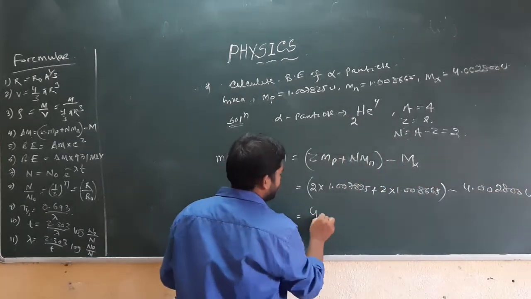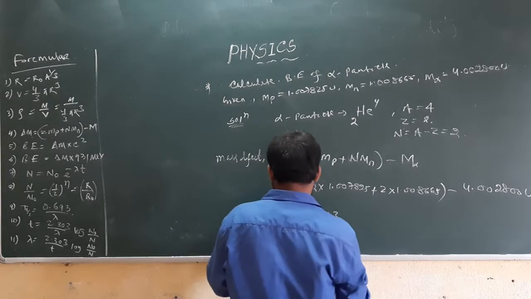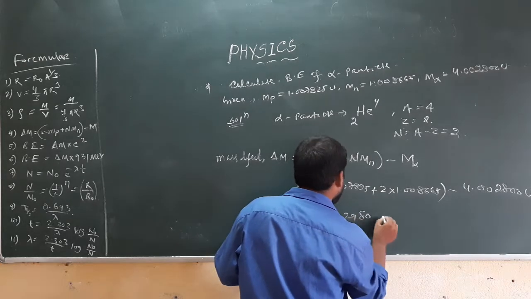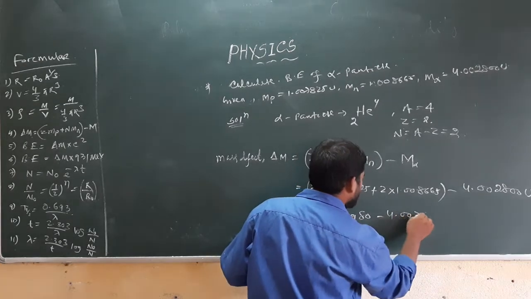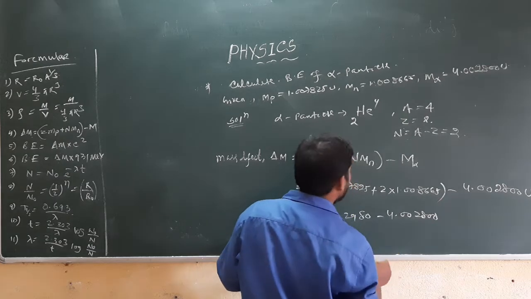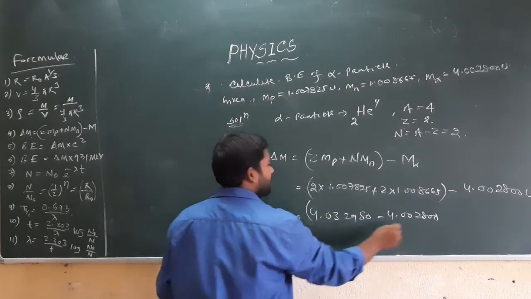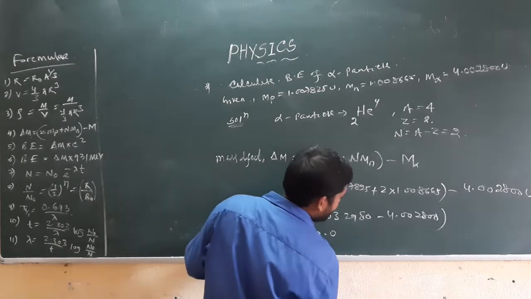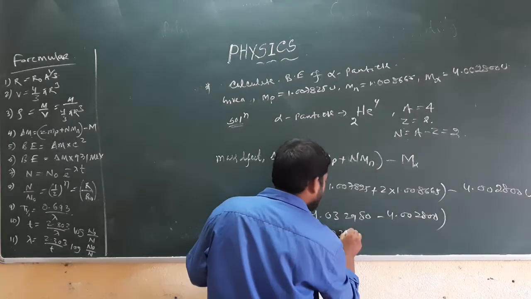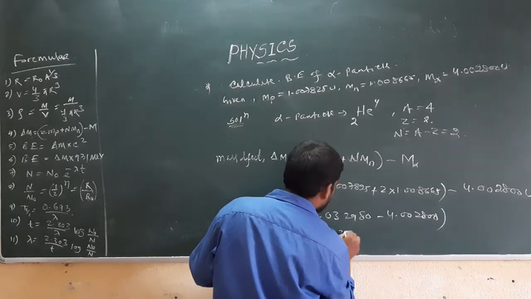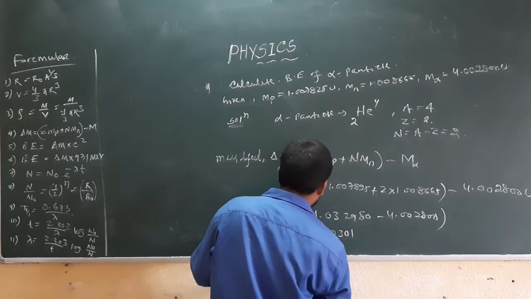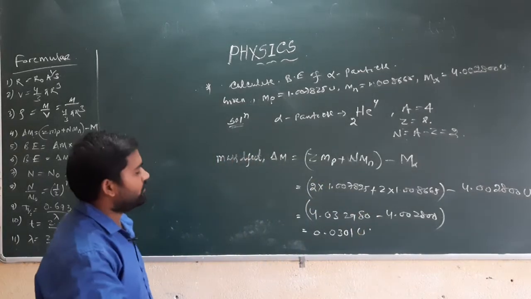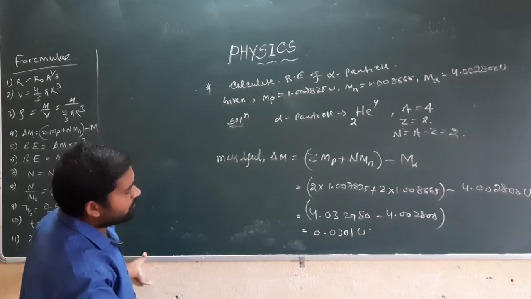If you calculate, that will be 4.032980 minus 4.002800, and if we subtract, the value is 0.0301 U.